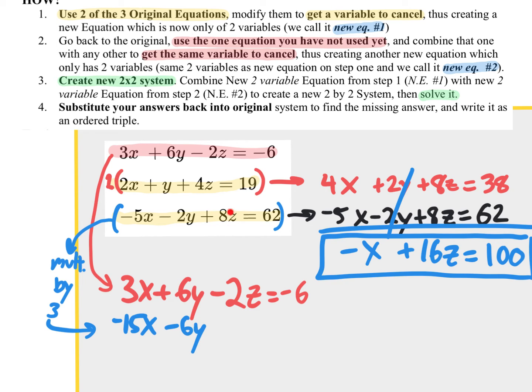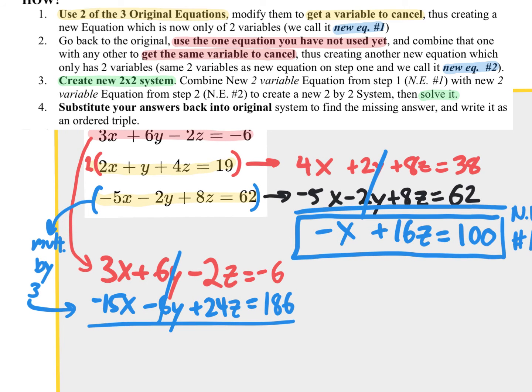And then we have 8z times 3, that's 24 with a z. And 62 times 3, dang, that's 186, right? 186. Okay, and again, the whole purpose of doing this is to get that same variable to cancel, in this case, y's, when we combine those lines.